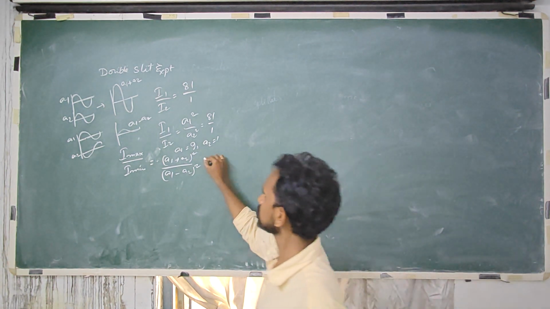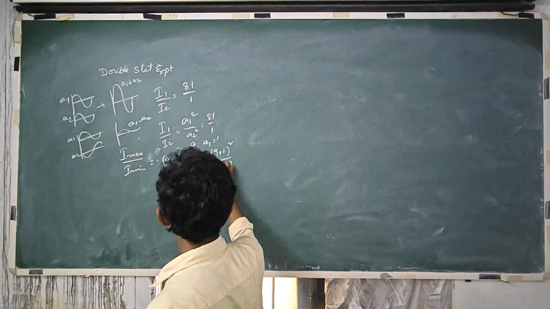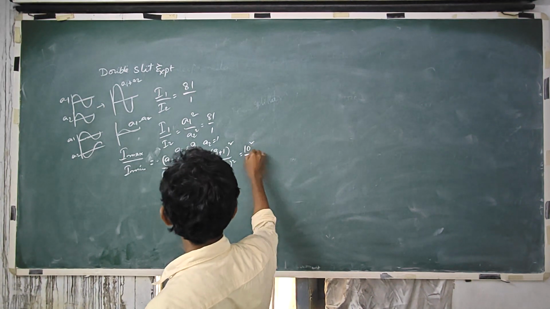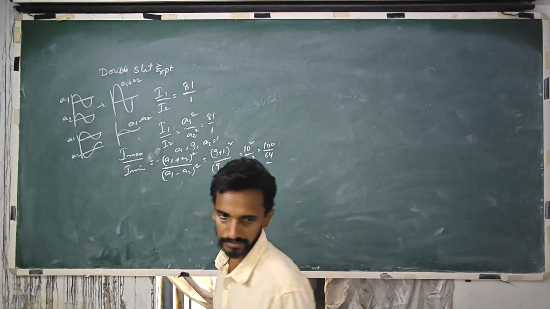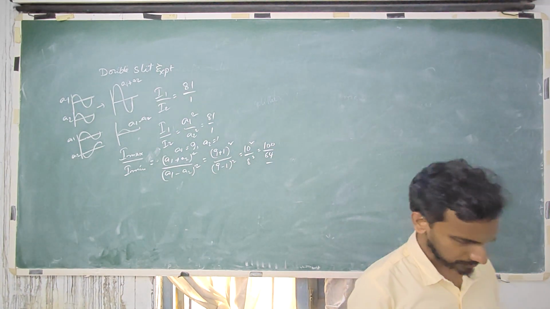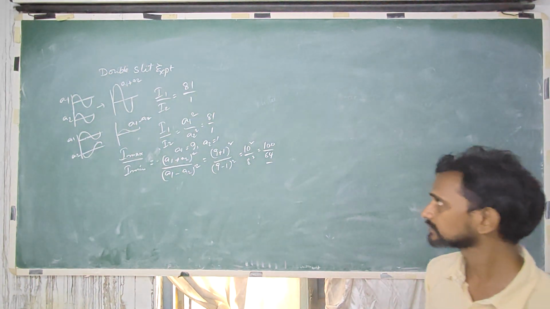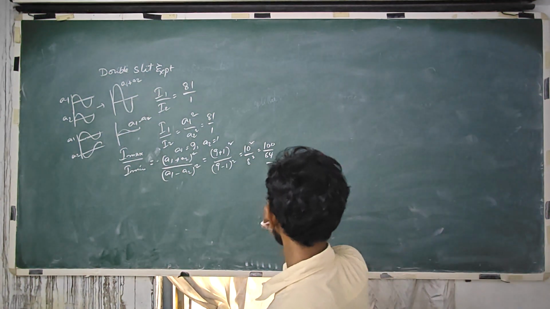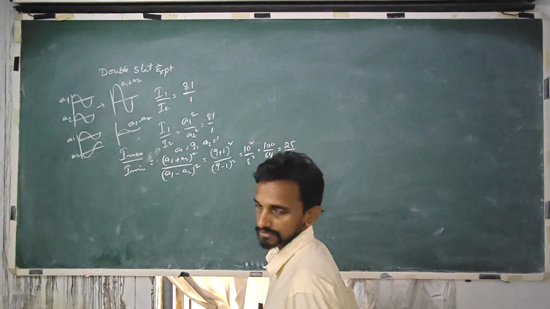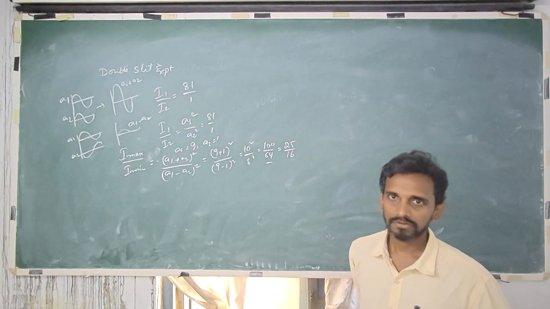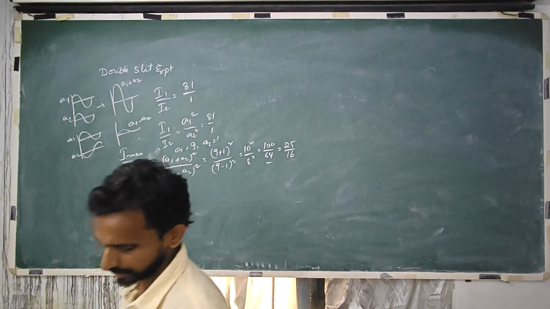So A1 plus A2, 100 by 64. So that is the ratio of I maximum to I minimum.